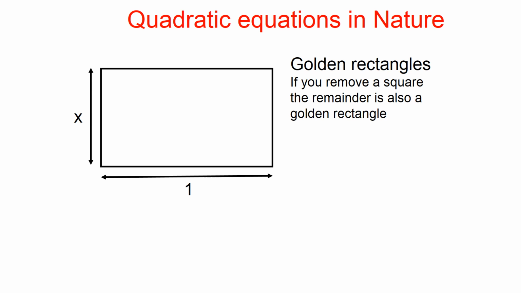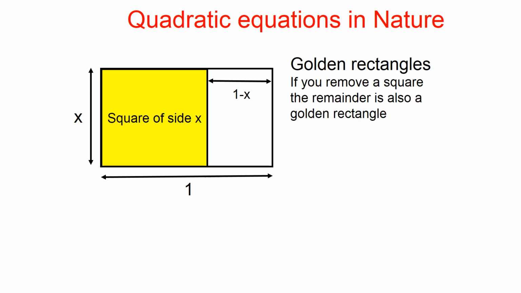If you were to put a square in here, with the side length of the short side of the rectangle, that would leave you a little rectangle at the other end. In this case, the width of that would be 1 minus x.